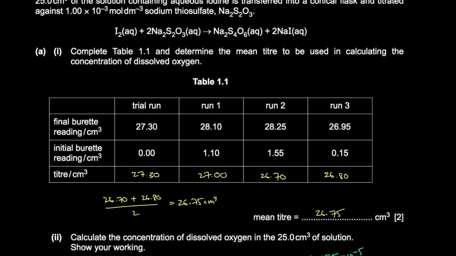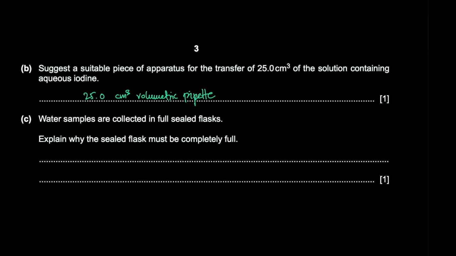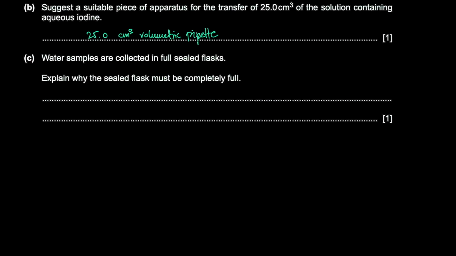Now if this flask was not full, let's say the level of water was somewhere over here, then we have oxygen in the air, and that oxygen in the air may also react with the manganese 2 hydroxide. We don't want that to happen. We want the manganese 2 hydroxide to only react with the oxygen dissolved in water.